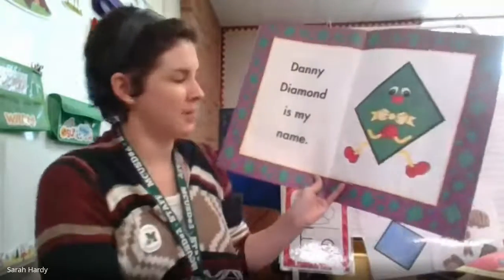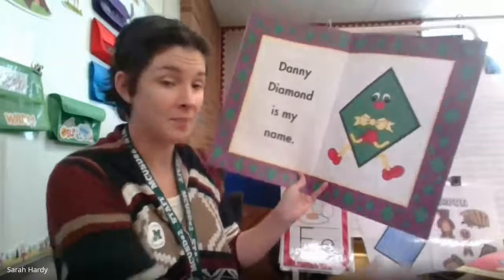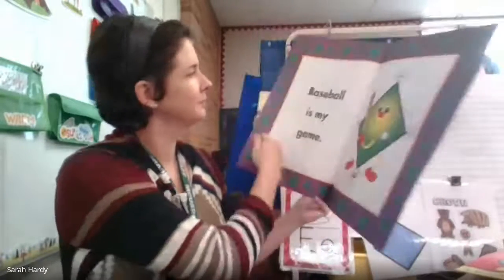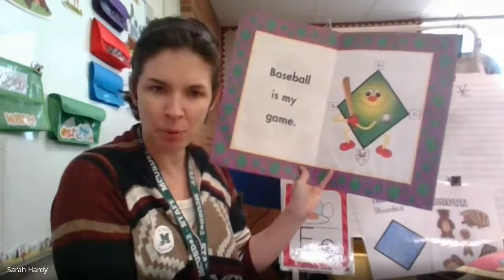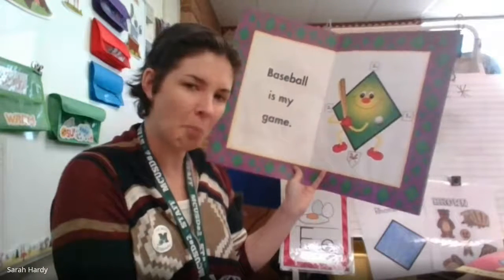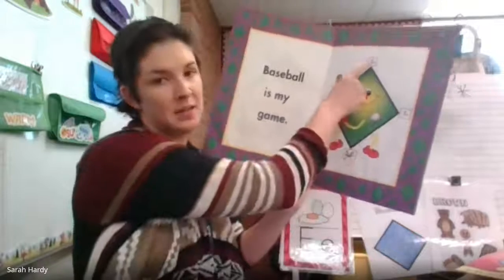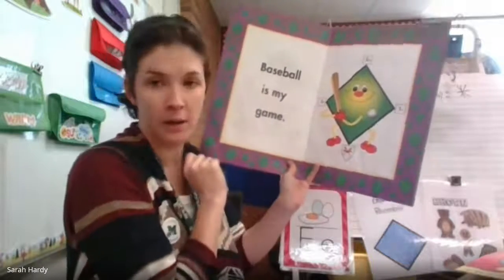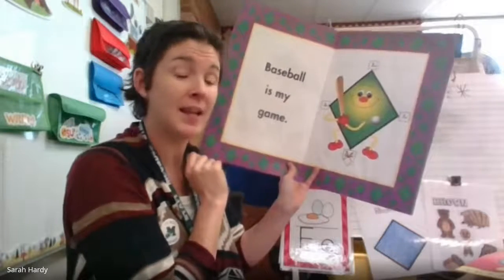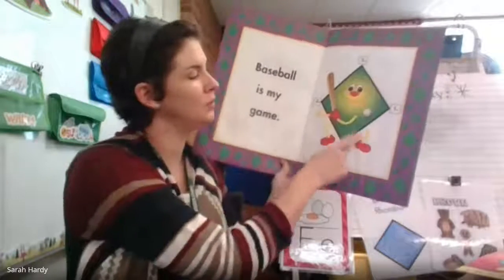Danny Diamond is my name. Baseball is my game. How many points does Danny Diamond have? Let's count. We have to start at the top. 1, 2, 3, 4. 4 points. And he also has how many sides? 1, 2, 3, 4.